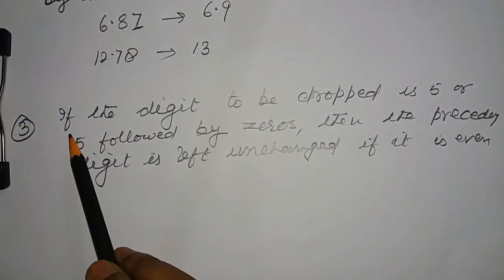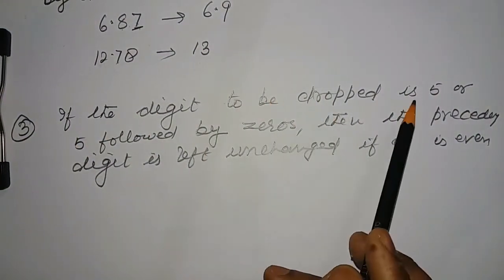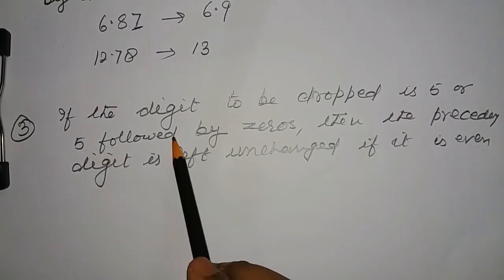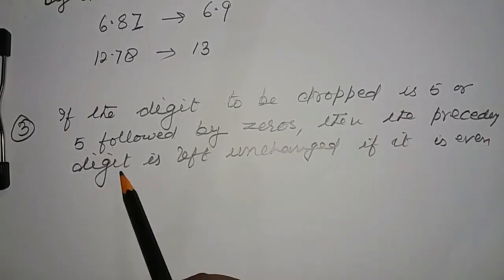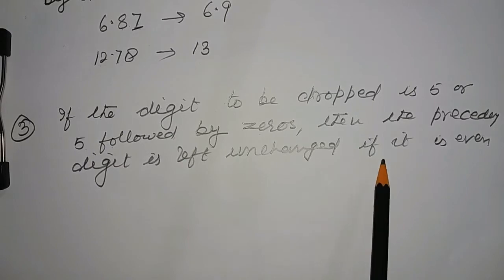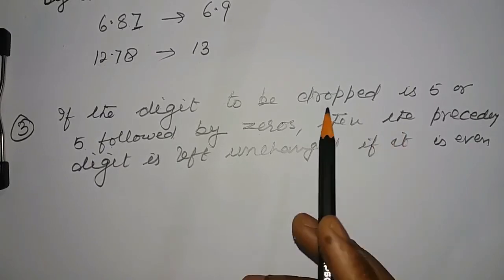Now the third rule is, if the digit to be dropped is 5 or 5 followed by zeros, then the preceding digit is left unchanged if it is even. What do you mean?